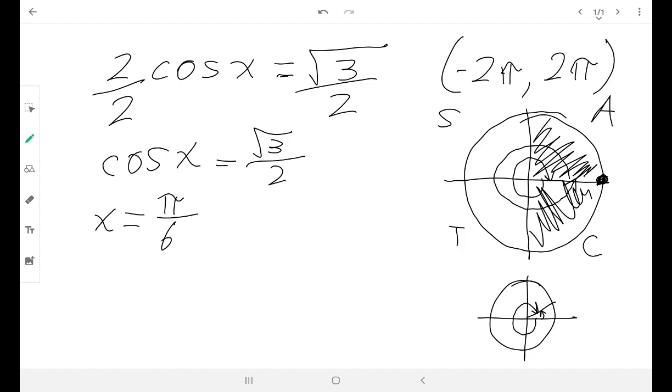If I went all the way around, because all the way around would be negative 2 pi, and pi over 6 is, that would be negative 12 pi over 6. So the coterminal angle in the negative direction for that is negative 11 pi over 6. Okay, so that covers the first quadrant.